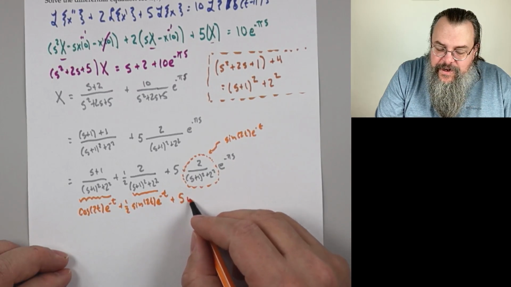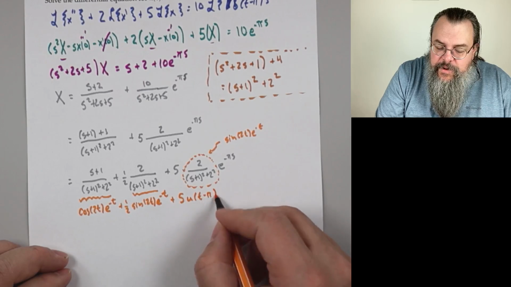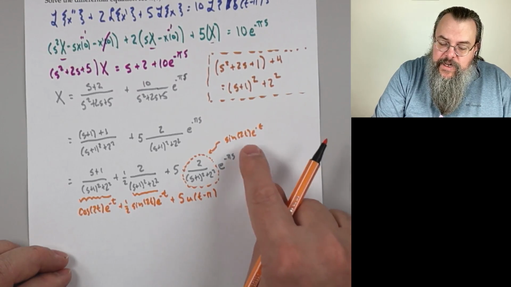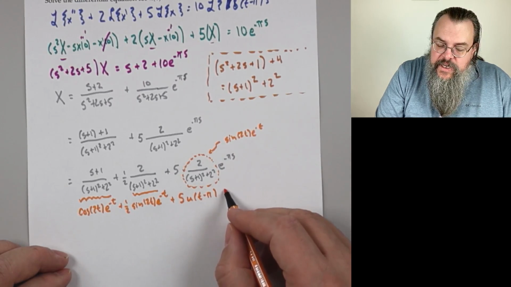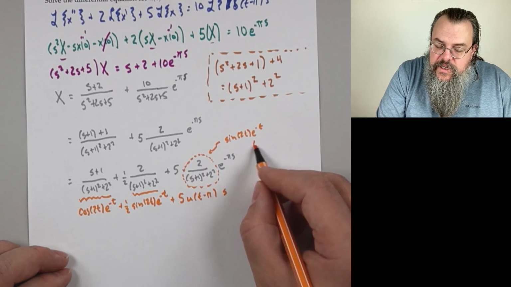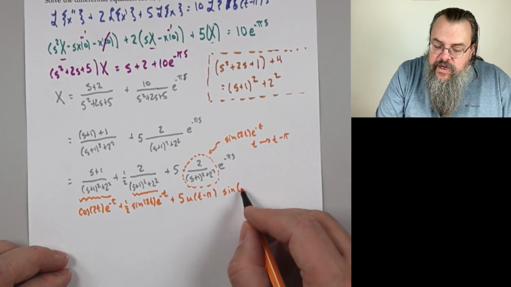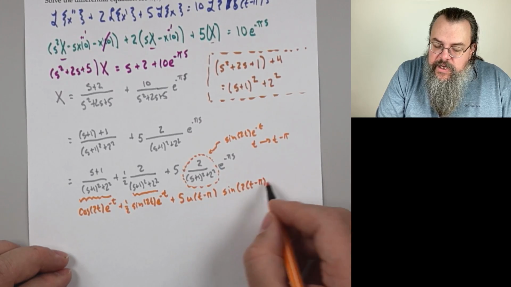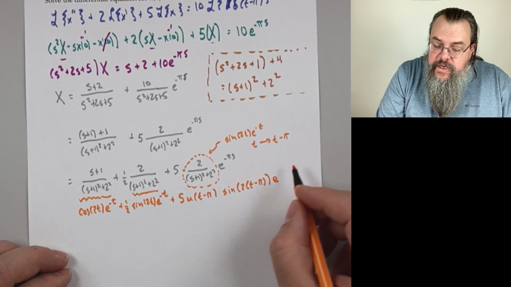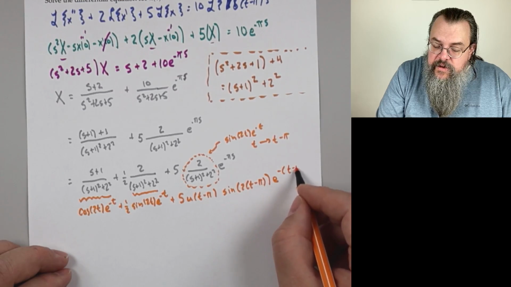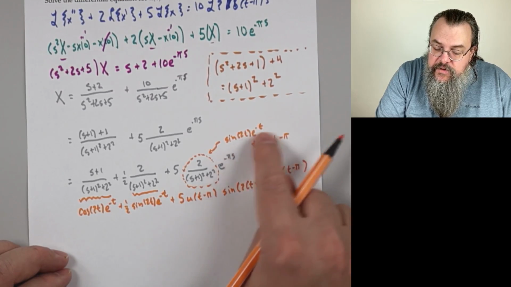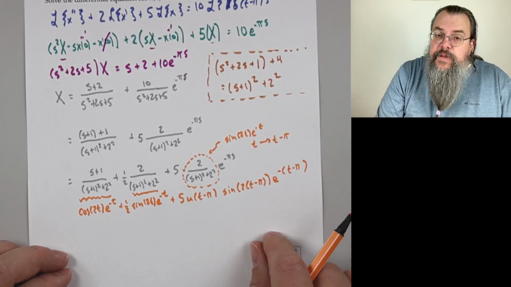So we have an on-off switch, u of t minus pi. And then we're going to take our expression, and everywhere where we see a t, it's going to become a t minus pi. So that's sine of 2 times t minus pi, e to the minus t minus pi. Got to get all the t's, both of them, and update them.